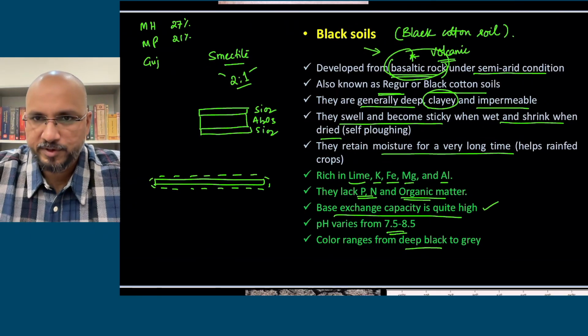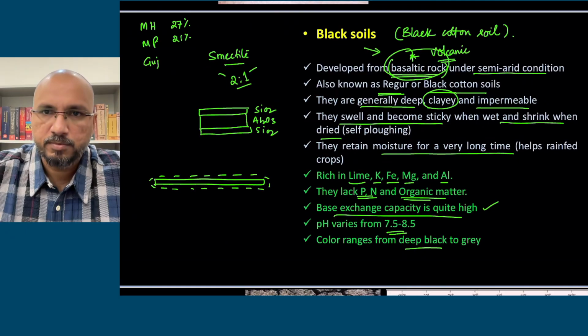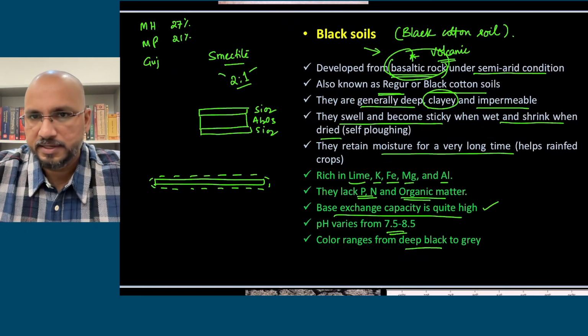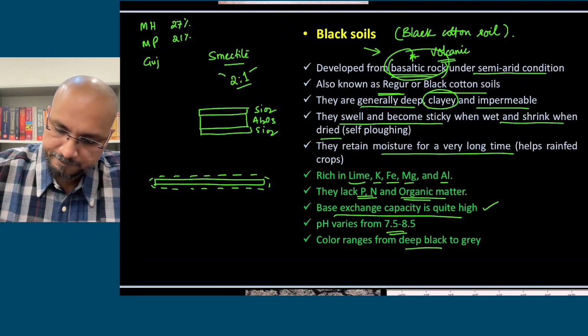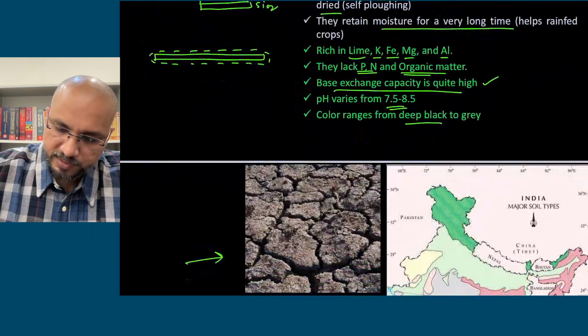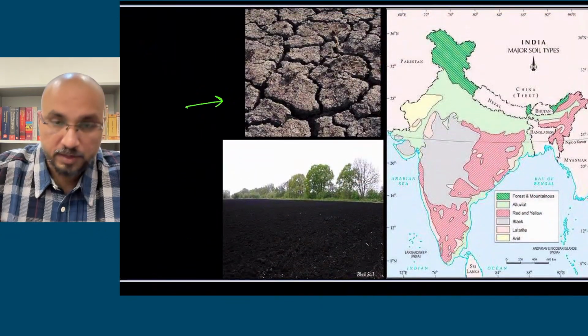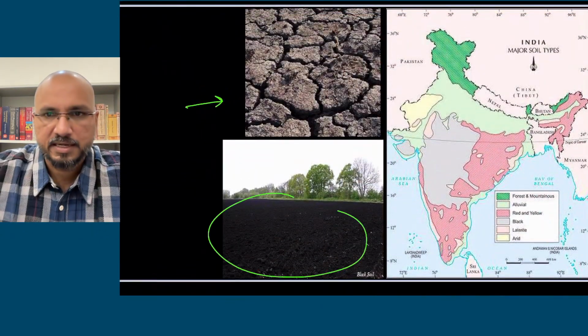So it is formed from the weathering of basaltic rock. So volcanic rock is the parent material, basalt. तो इसके बेसिस पे PYQ आ चुका है पहले. ठीक है. So this is how the black cotton soil is. Color बहुत dark तुमको मिलेगा.